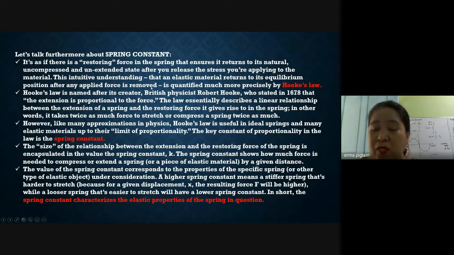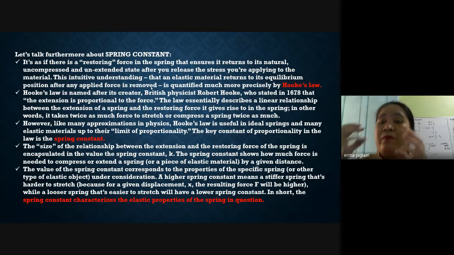Diba? Sabi sa Hooke's law, ang general concept ng Hooke's law is that pagka daw nagkaroon ng application ng external force doon sa elastic material, at once na yung external force na yun ay na-release or nawala doon sa object, bumabalik siya sa kanyang equilibrium position. Di ba? Parang yung pendulum.